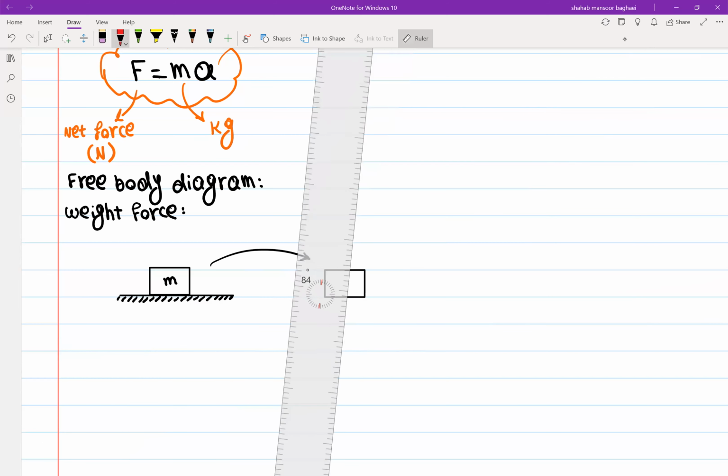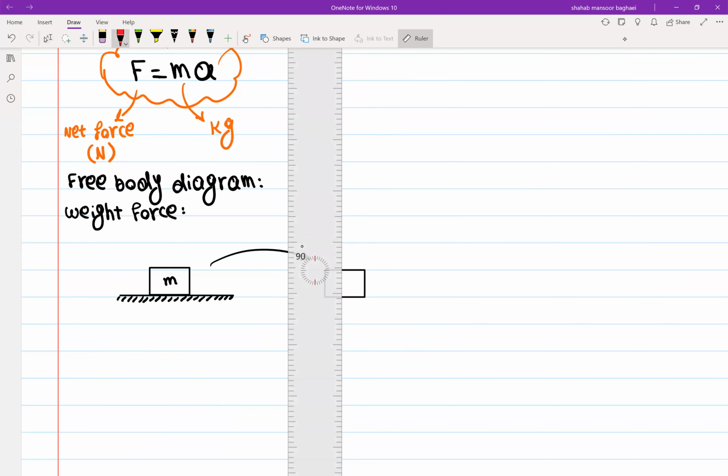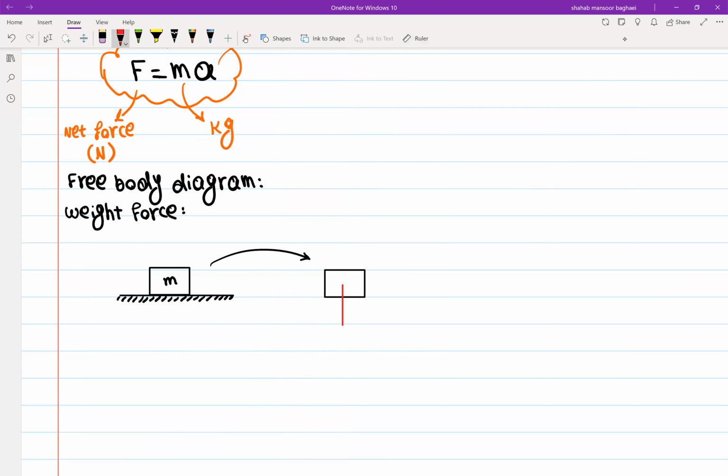And you have to show this arrow here. It's called W. What is W? Stands for weight force. And you know, the unit should be in newtons.